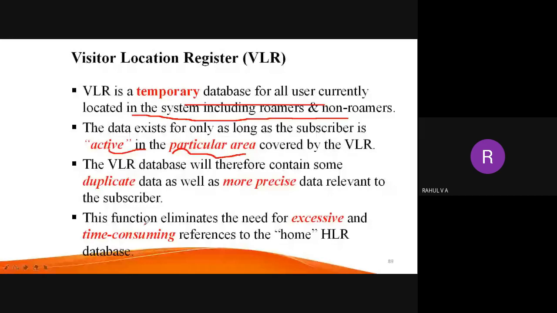This function eliminates the need for excessive and time-consuming reference to the home location database. That means every time the MSC needs to access the home location register, that will be reduced if you have a separate visitor location register.